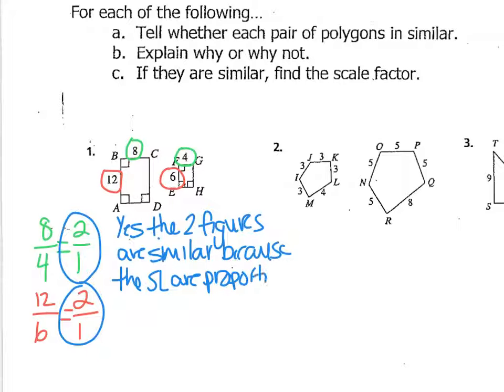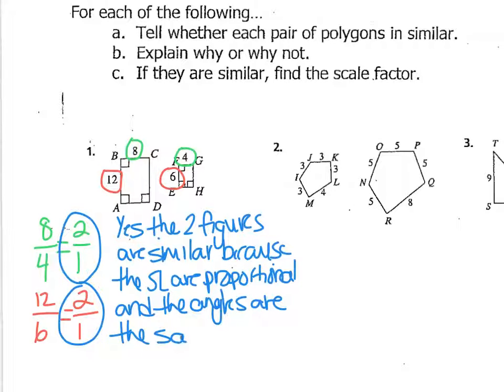We just showed that by showing that the ratios are the same, and the angles are the same. Okay, so by the angles, see how they all have 90-degree angles? So that means that the shapes are the same. Okay, so yes, these two figures are similar because they have proportional side lengths and the angles are the same.